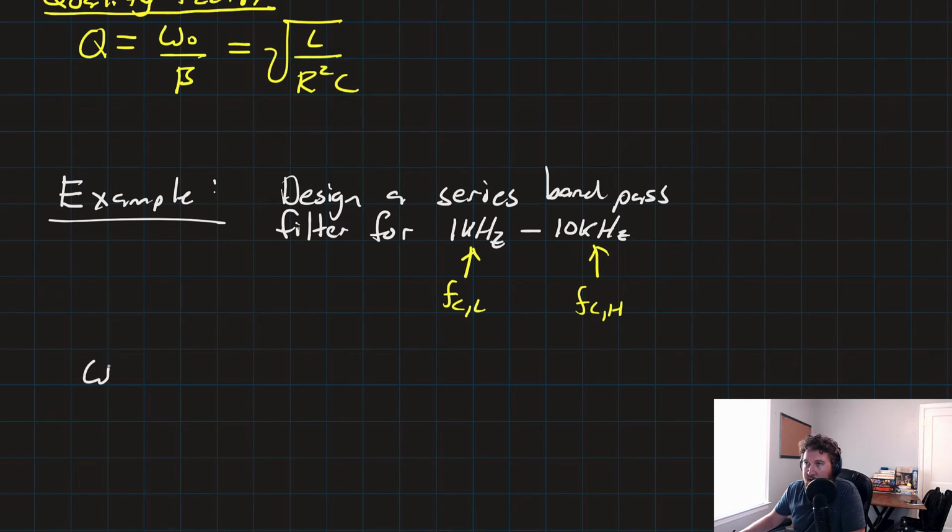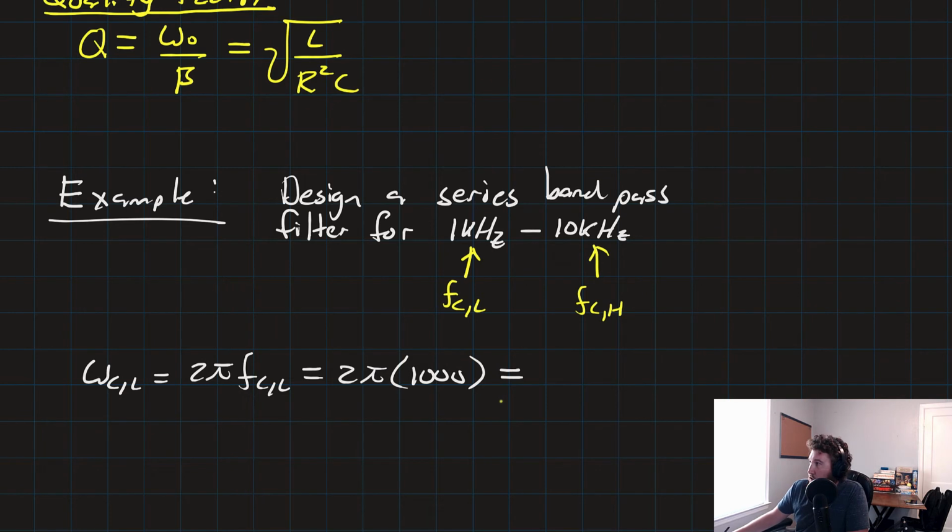So omega C low is equal to 2 pi times the frequency F C low, which is 2 pi times 1,000, giving us 6,283 radians per second.